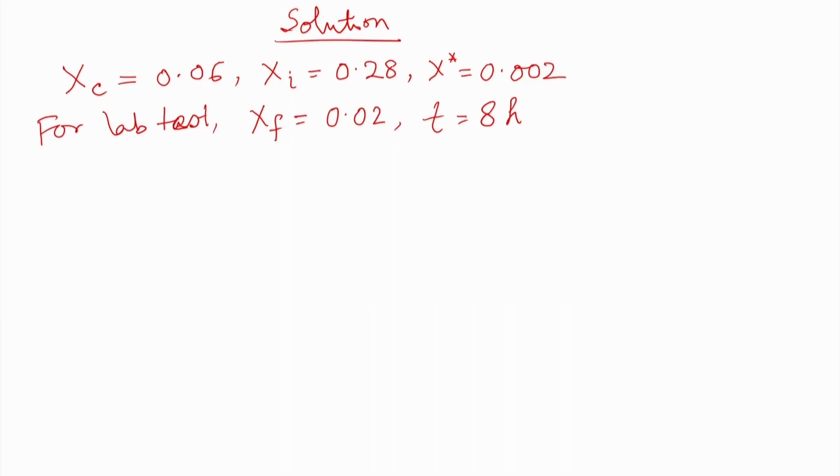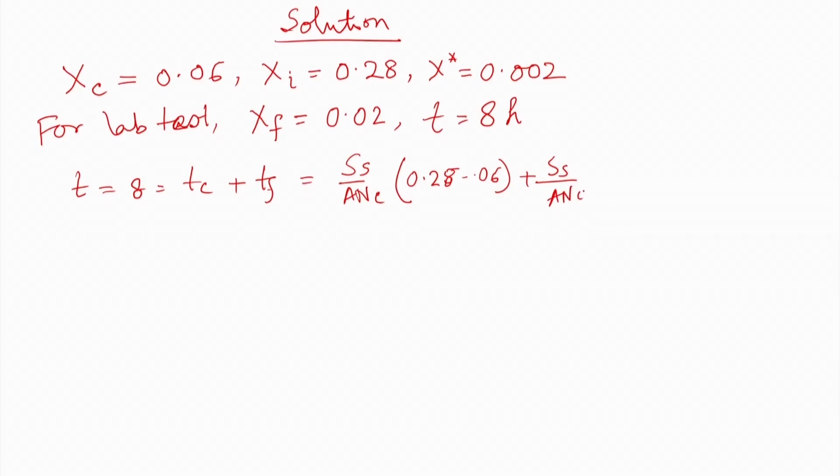So, from the lab test given, we say total T is equal to 8, which is T_c plus T_f, which is S_s by A into N_c, then (x_i minus x_c), that is 0.28 minus 0.06, plus S_s by A into N_c into (0.06 minus the equilibrium 0.002) into ln of (x_c minus x star), that is (0.06 minus 0.002), divided by (0.02 minus 0.002).